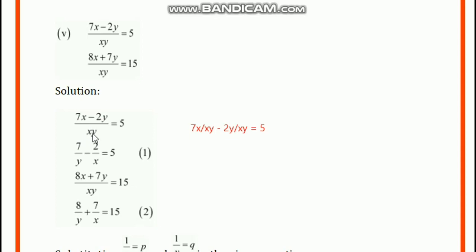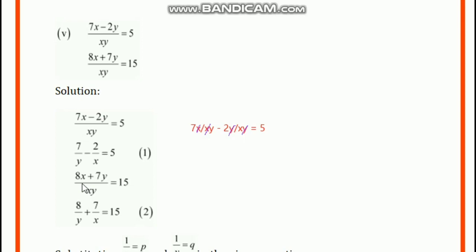Divide 7x by xy, and minus 2y divided by xy. 7x divided by xy minus 2y divided by xy equal to 5. That means we can simplify: x will be cancelled, then y will be cancelled. So we get 7 divided by y minus 2 divided by x equal to 5. Okay, so that is the first equation.